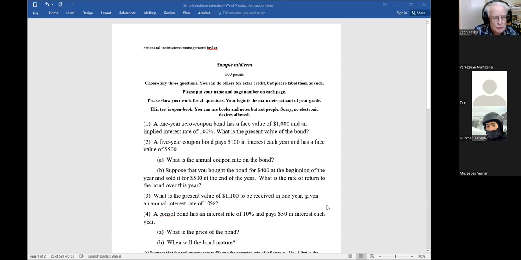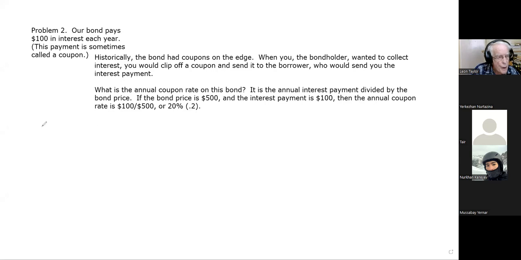And we've got to find the overall rate of return on the bond for the first year. So we'll add those facts to our example here.